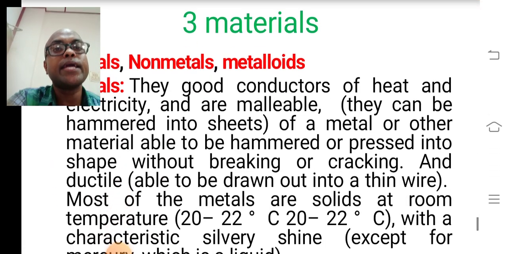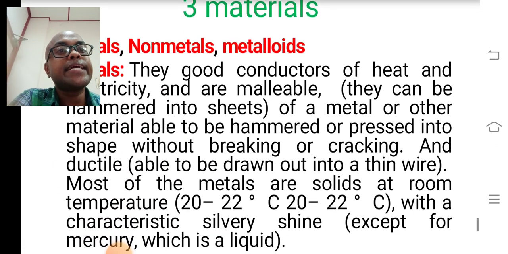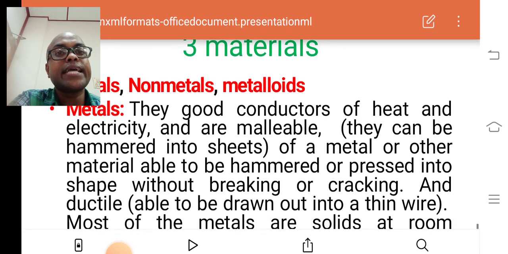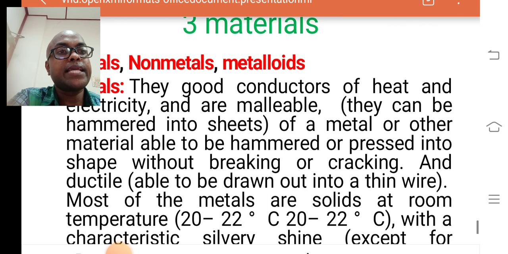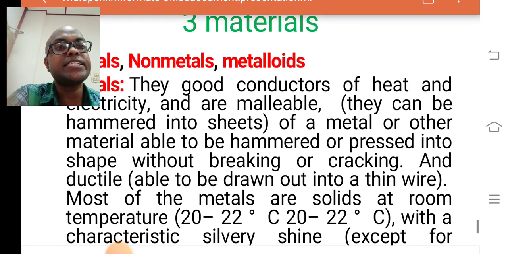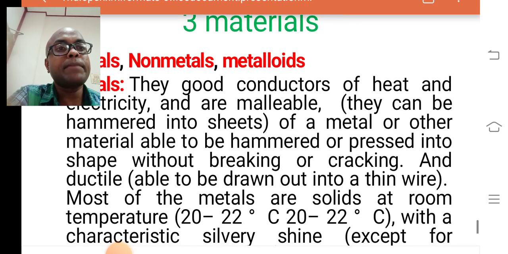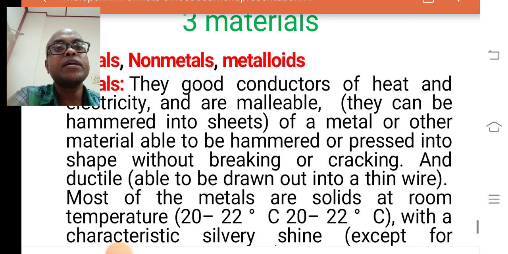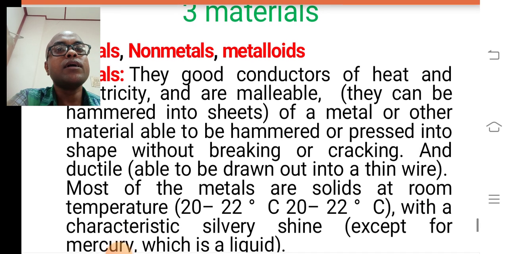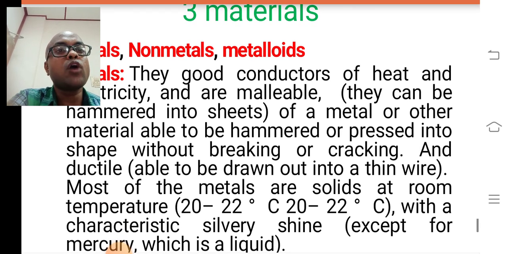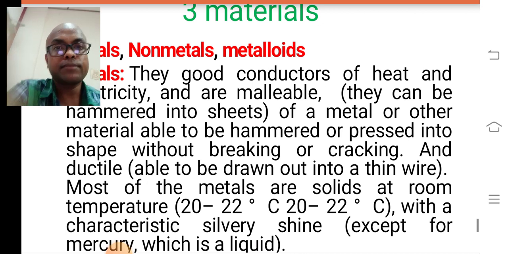What is meant by metals? They are good conductors of heat and electricity and are malleable. They can be hammered into sheets or pressed into shape without breaking or cracking, and they are ductile: able to be drawn out into thin wire.